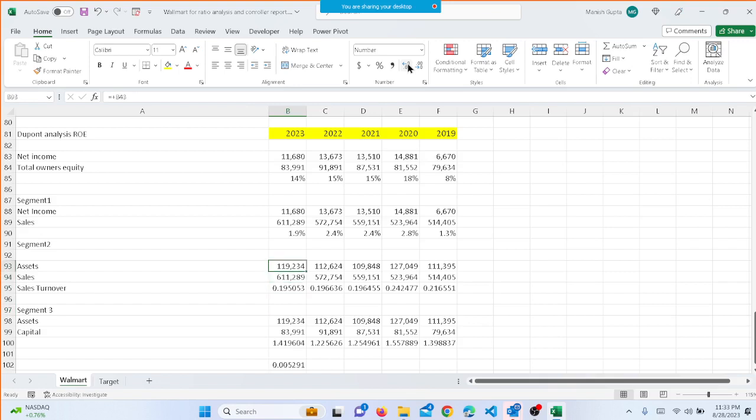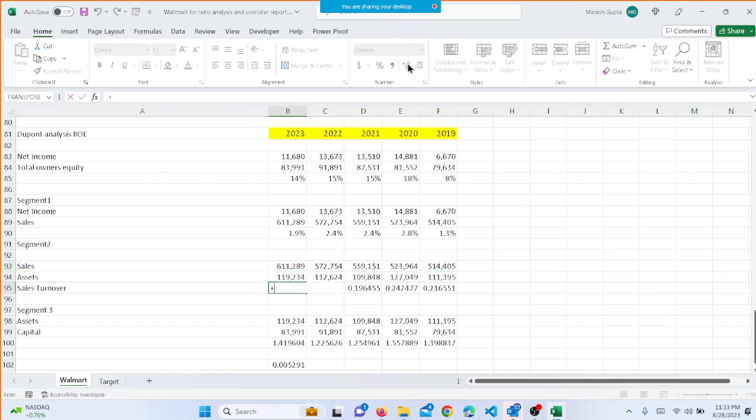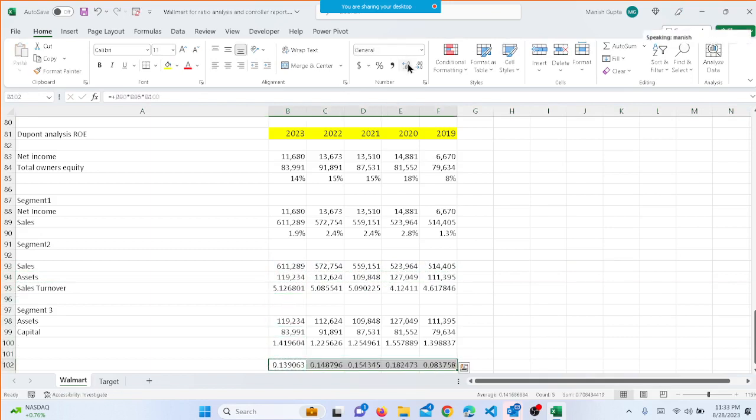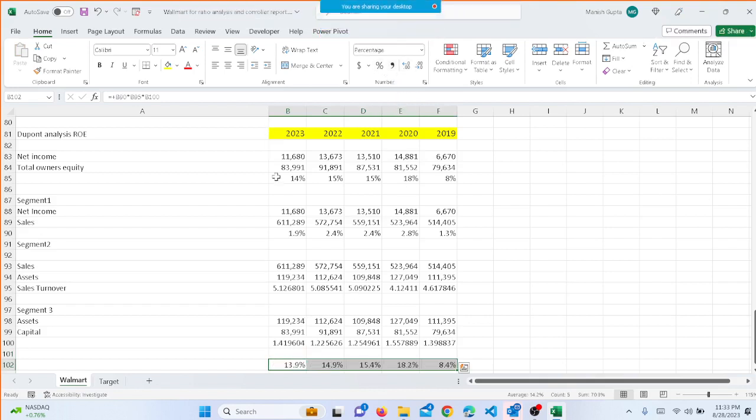I think it's the other way around. Okay, so we can multiply this and then we will get the formula, which is the same as what we calculated originally without any breakup, right?